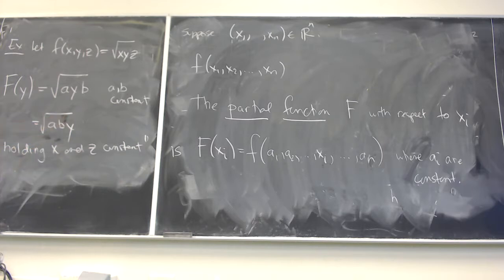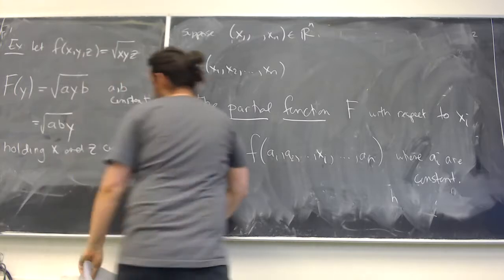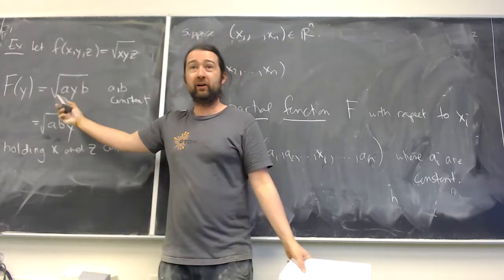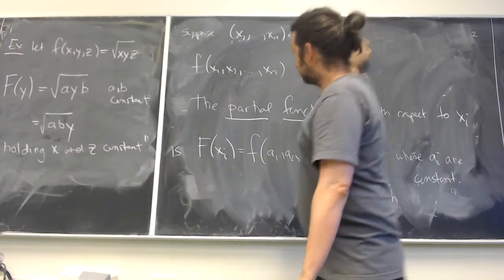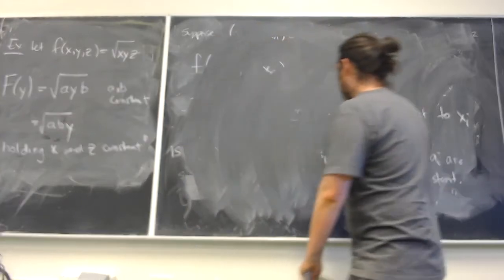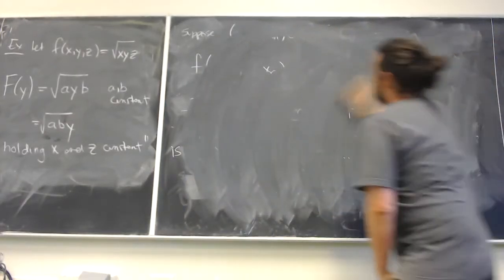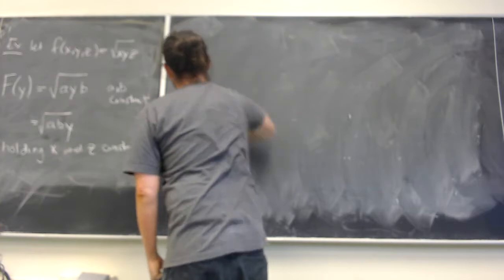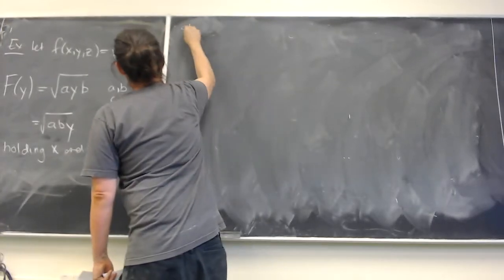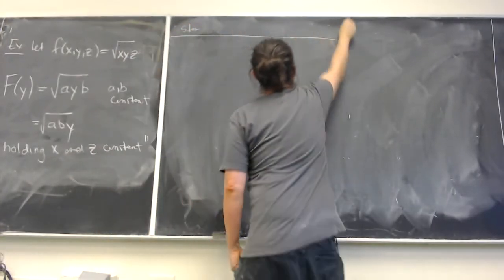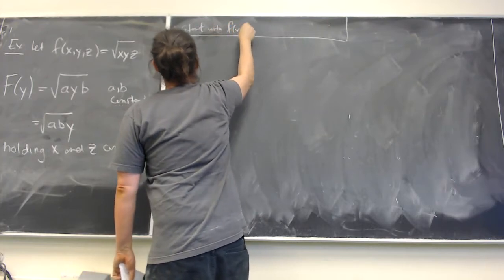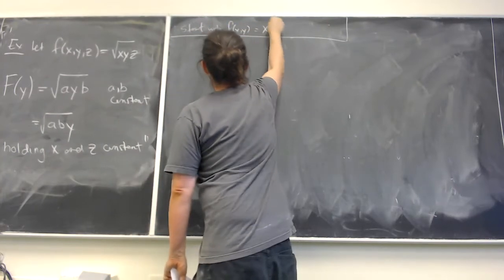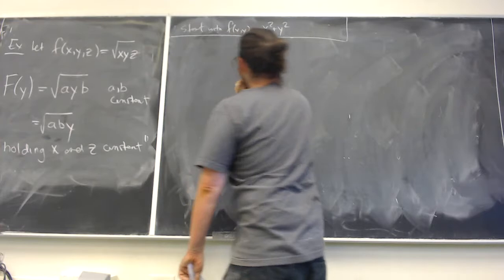Does that make sense? Now, the reason that you want to do that is, as soon as you've got a function of one variable, you can just take its derivative. So partial functions take, we'll put this up here so we remind ourselves what's happening. I start with an f of x and y, which is equal to, I don't know, x squared plus y squared.